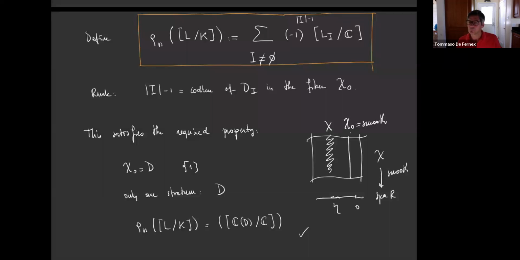The stratum corresponds to the index at I equal to 1. In particular, the size of I minus 1 is 0, so minus 1 to the 0 is 1. And we get exactly what we needed.